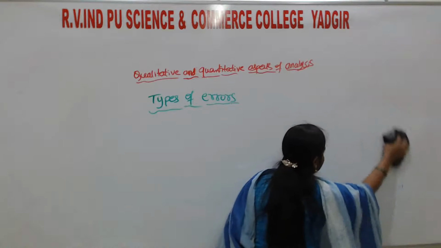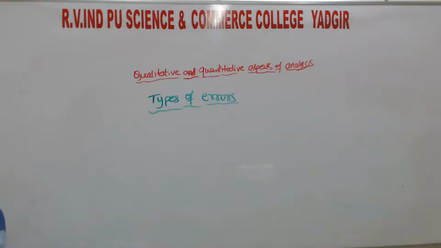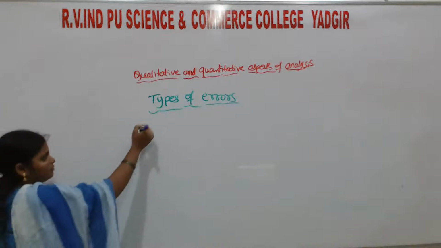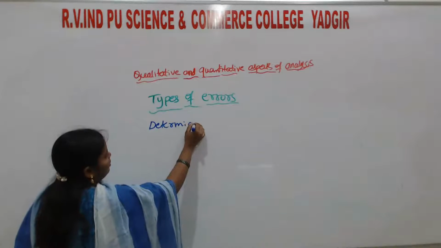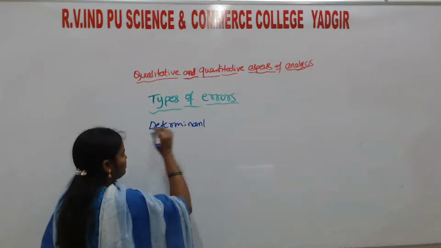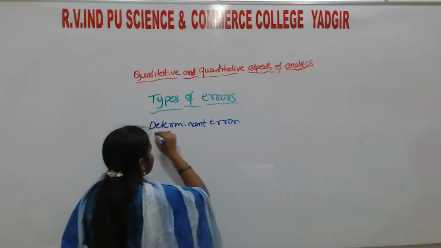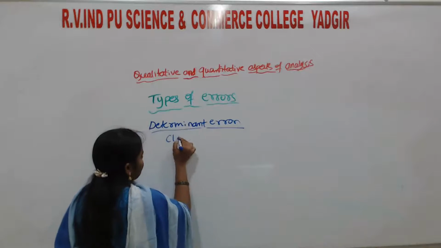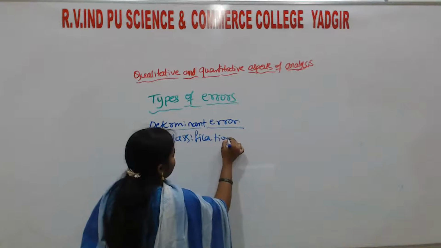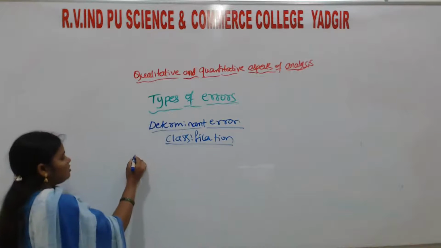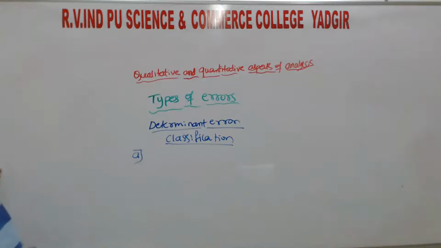Determinate error classification. A is the first one, personal errors.